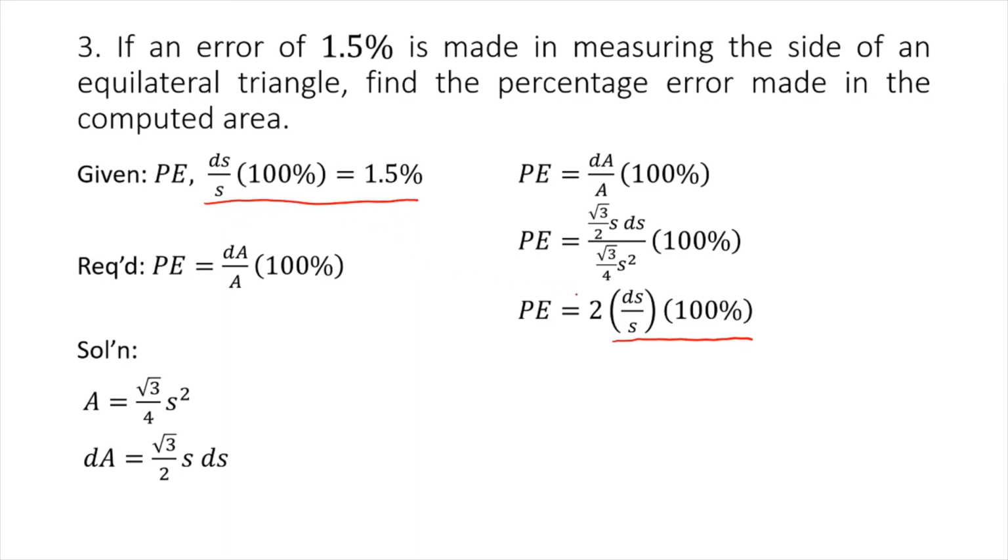Just directly plug in the value. So 2 times 1.5%. Therefore, the percentage error made in the computed area is 3%. Okay? This is the result of the error in measuring the side of the equilateral triangle. All right?